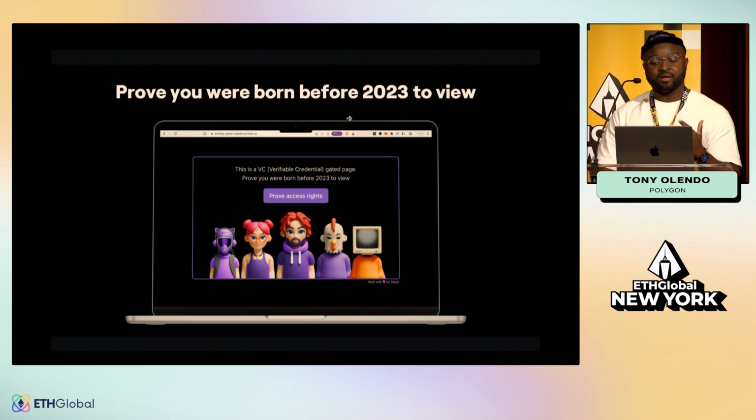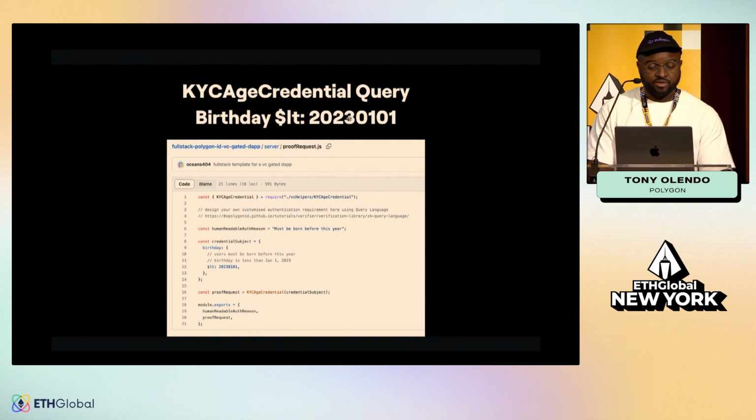But basically, her VC-gated app was really cool because it was asking the user to prove that they were born before 2023 to view it, right? So most of you here would be eligible, I hope. It was a really good example.